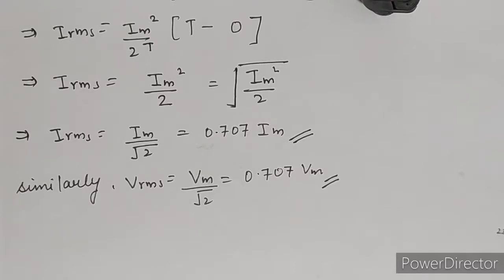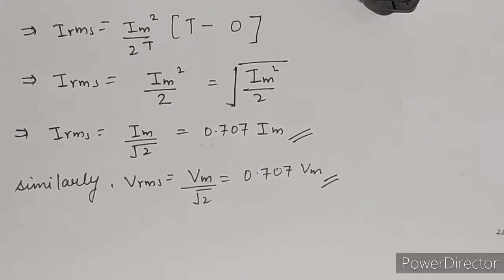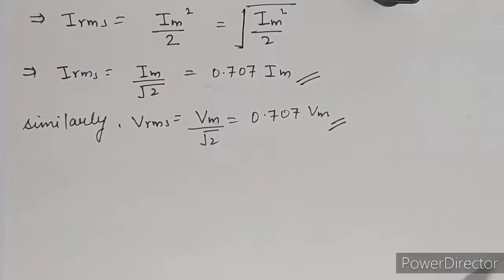The values shown by all AC meters in the circuit are RMS values. The RMS value is also called the virtual or effective value. Sometimes it is asked in the exam what the virtual value of current in alternating current, or alternating voltage, is. Then they are asking you about the RMS value only.